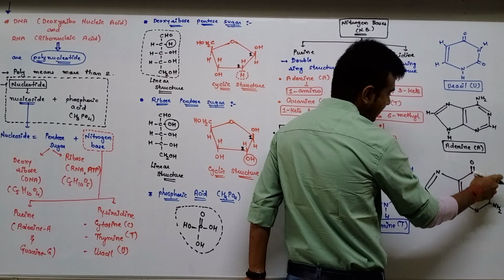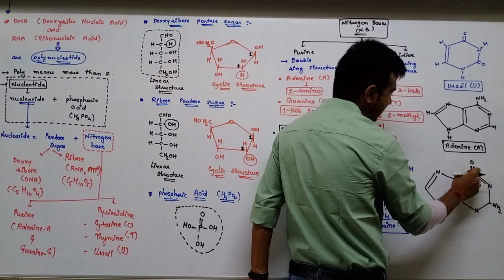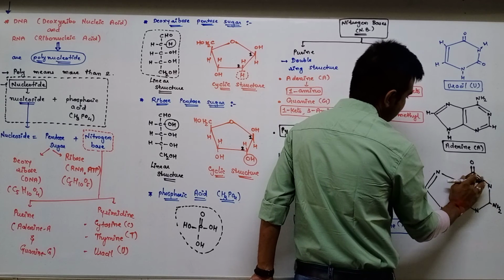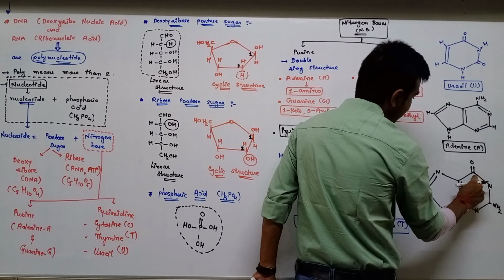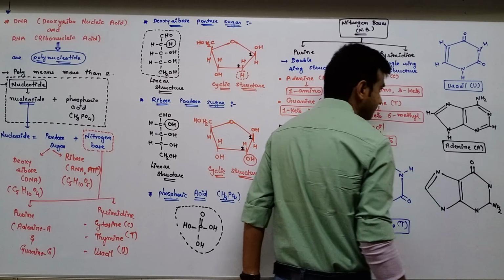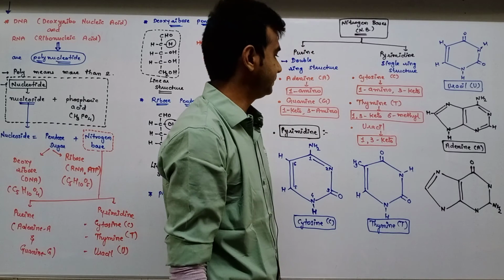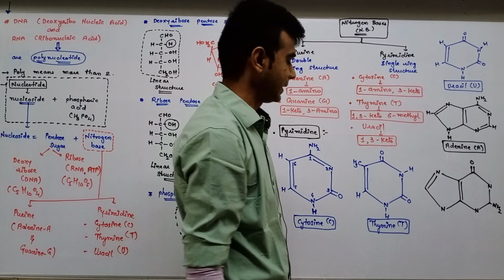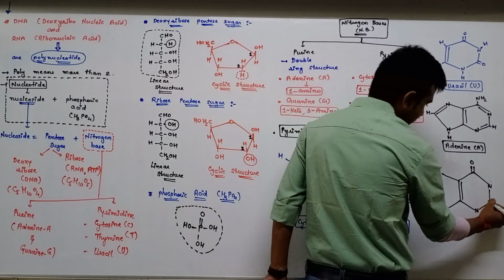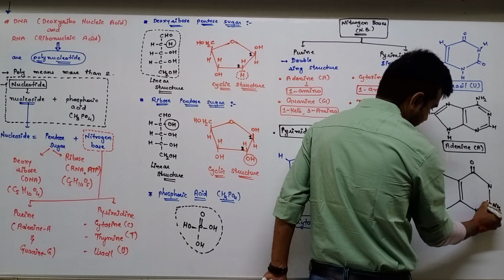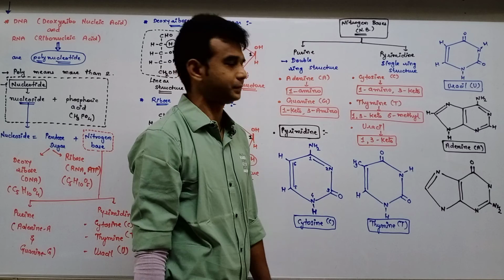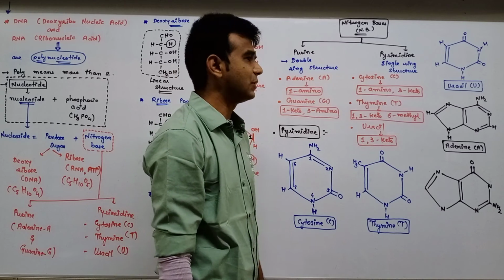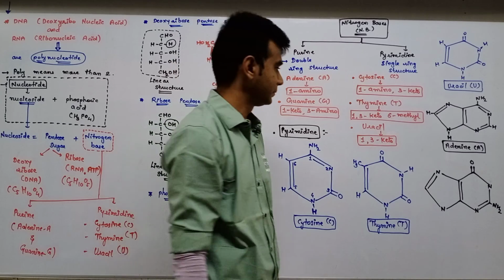Yes, nitrogen complete the 3 valency, but carbon has 5 valency. So it is not possible at all. So now I will remove this. So can I put the alternate bond here? Yes, we can. Now check the valency.